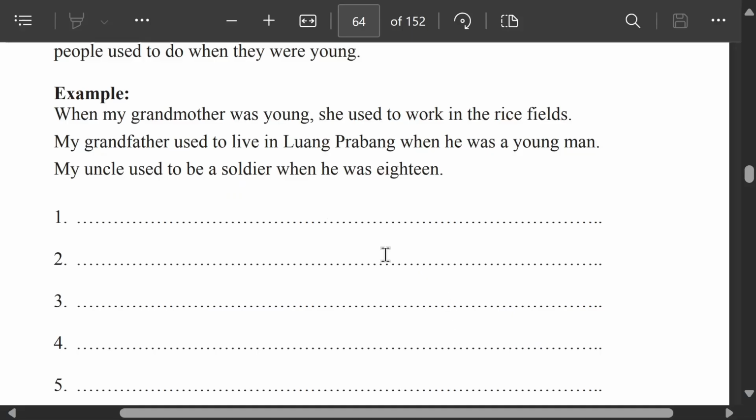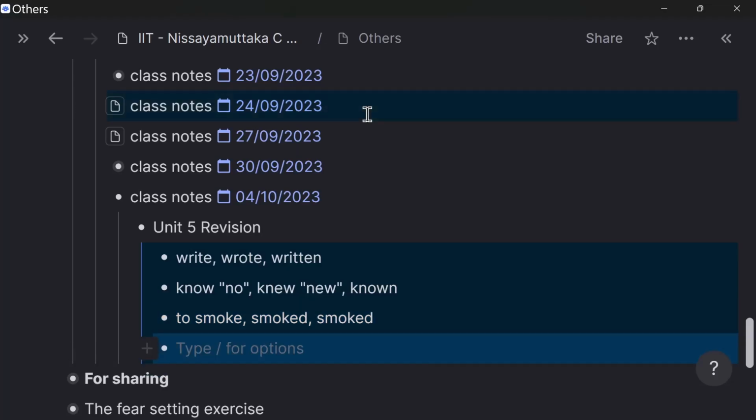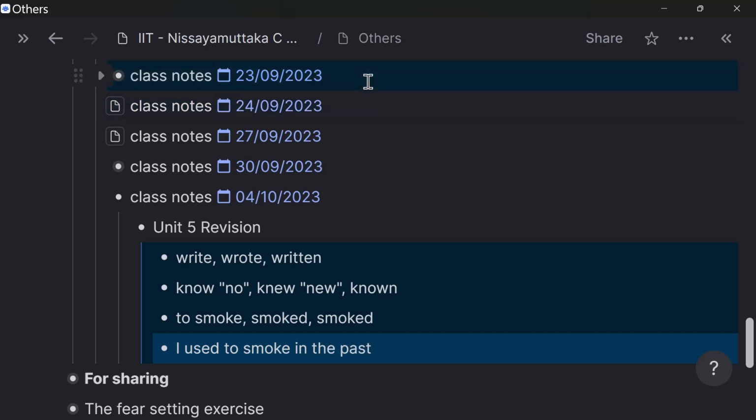So, I used to smoke in the past. Not I used to smoking. I used to smoke, with the infinitive. You see, I used to smoke in the past.